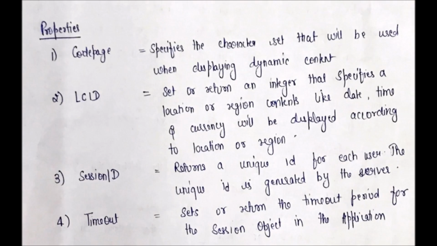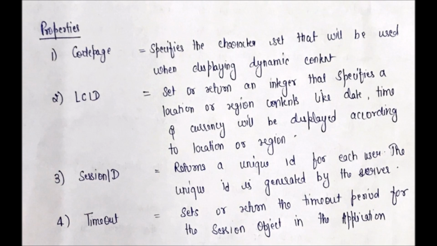There are a few properties which we will discuss. The first is CodePage. The CodePage property defines the code page that will be used to display the page content in the browser. The second is the LCID property, also known as the locale identifier property.